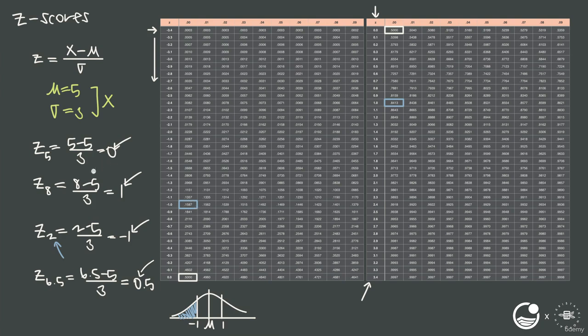Now, remember, the standard normal distribution is symmetric, which means that if the likelihood of us getting a value below 1 standard deviation below the mean is 15.87%, that means that finding a value above 1 standard deviation, so over here, the area that is symmetric to the one that we already sketched over here, the probability of us finding a value above 1 standard deviation above the mean also has to be 15.87%.